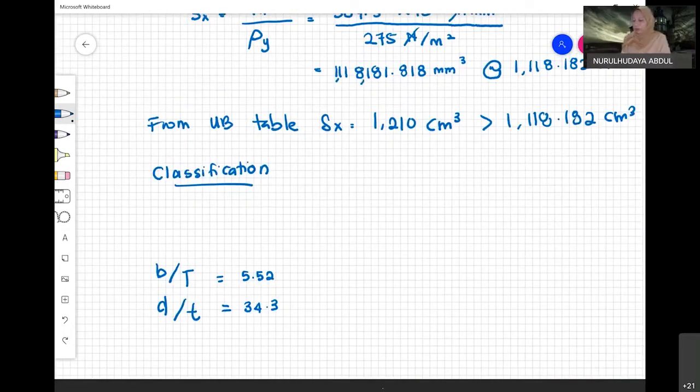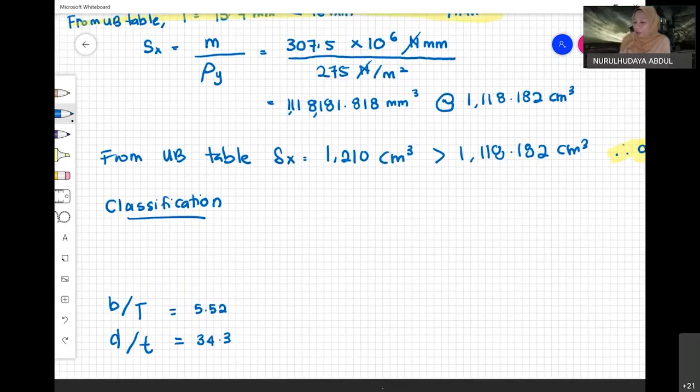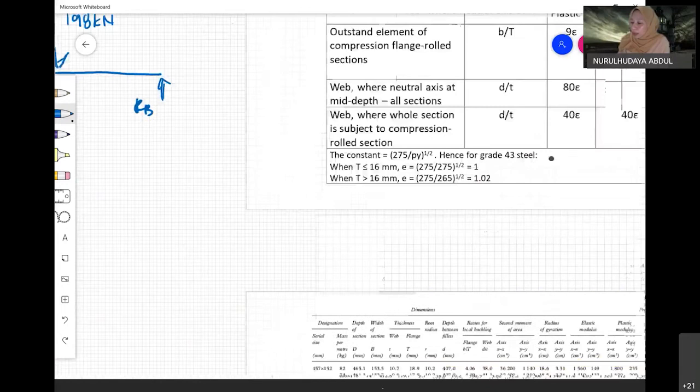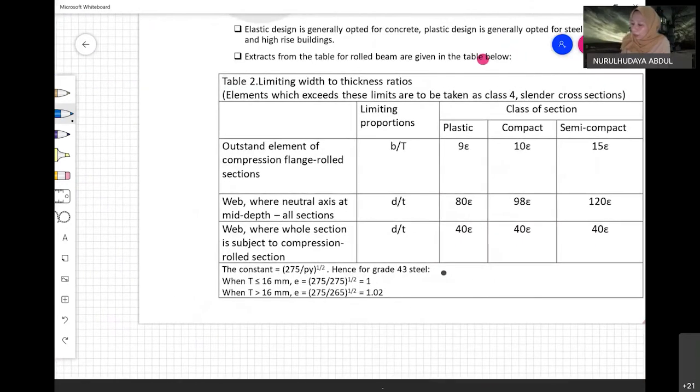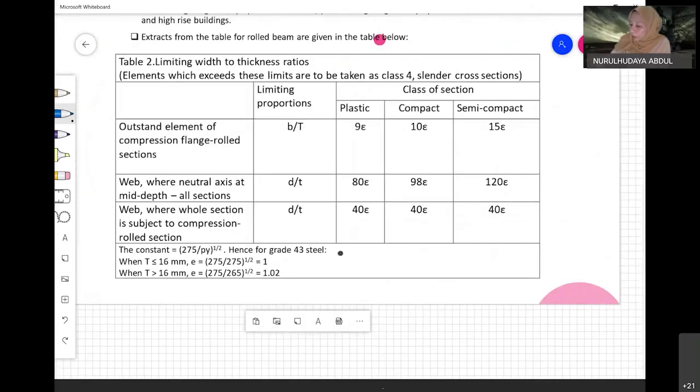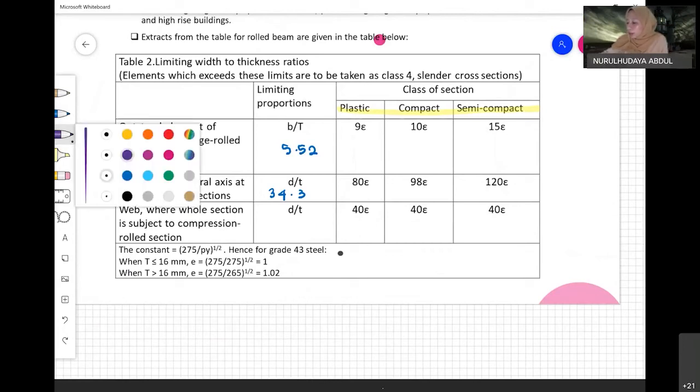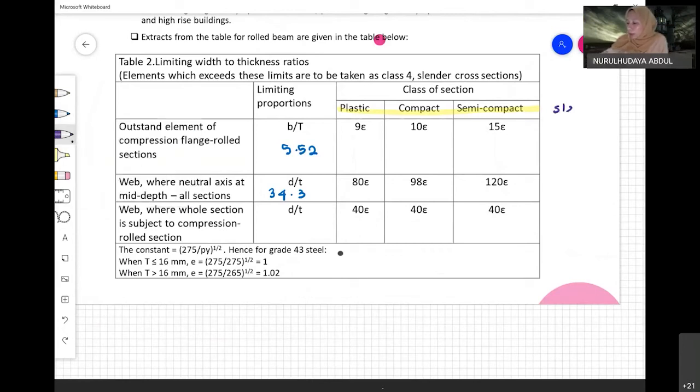So kita kena refer to another table, sebab kita nak tengok section ni adalah plastik ke, semi-compact ke, compact ke. Okay, we know that this one is 5.52 and this one is 34.3. Whether it is compact, semi-compact, ataupun yang hujung sekali ni kalau dah lebih daripada semi-compact, it is slender.